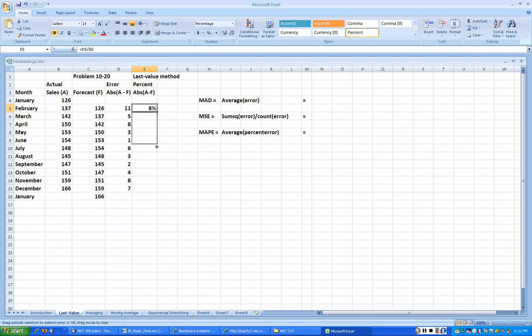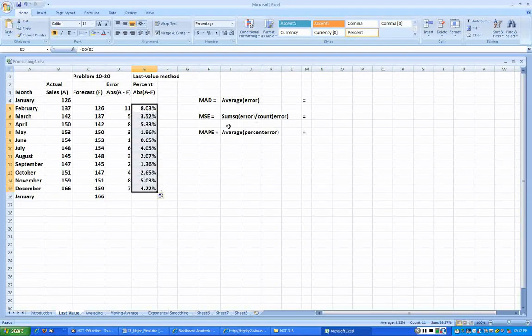Copy the formula down, and there we get the percent errors. You can go back and increase the decimal places if you want. Those are the percent errors that you get.